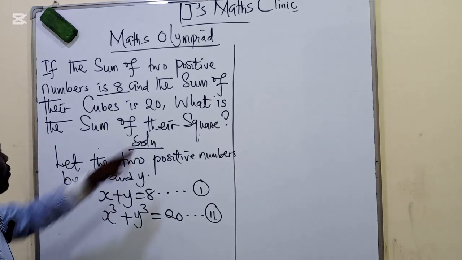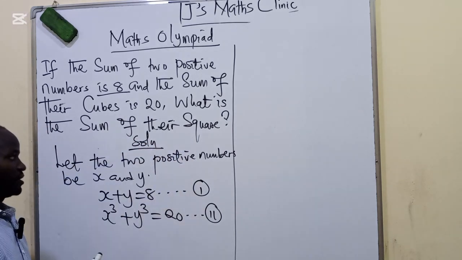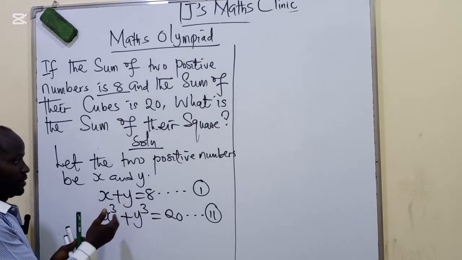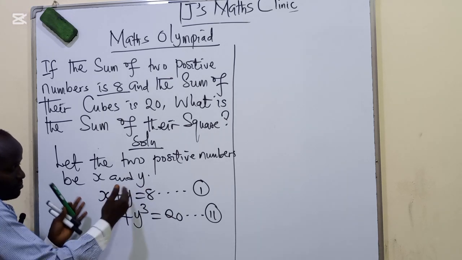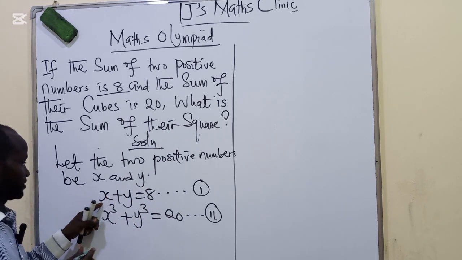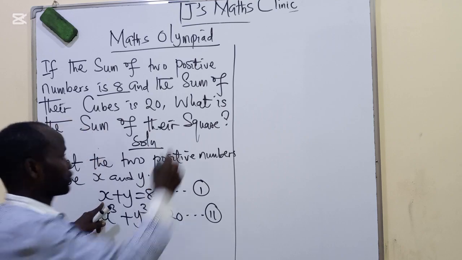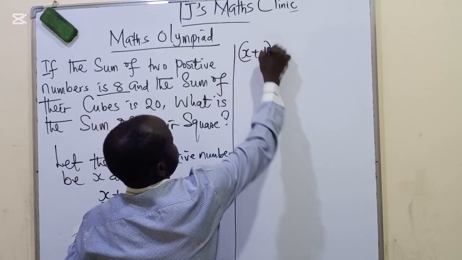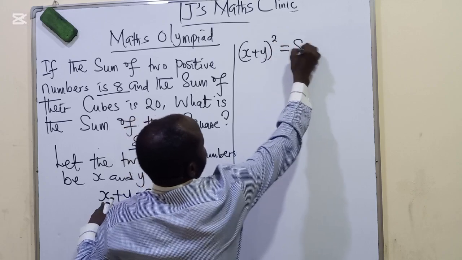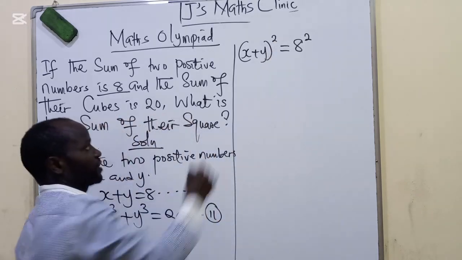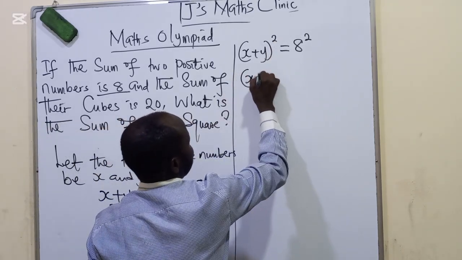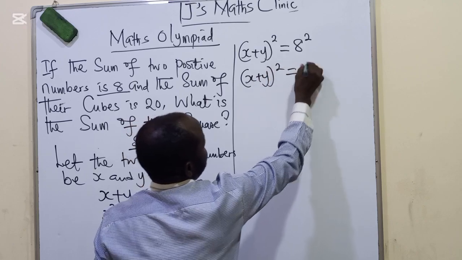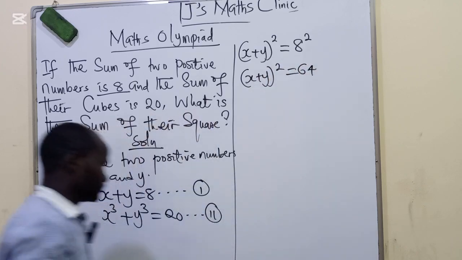The question now says, what is the sum of their squares? From equation 1, we can square both the left hand side and the right hand side, because we are looking for the sum of their squares. So (x plus y) all squared will be equal to 8 squared, which is 64.